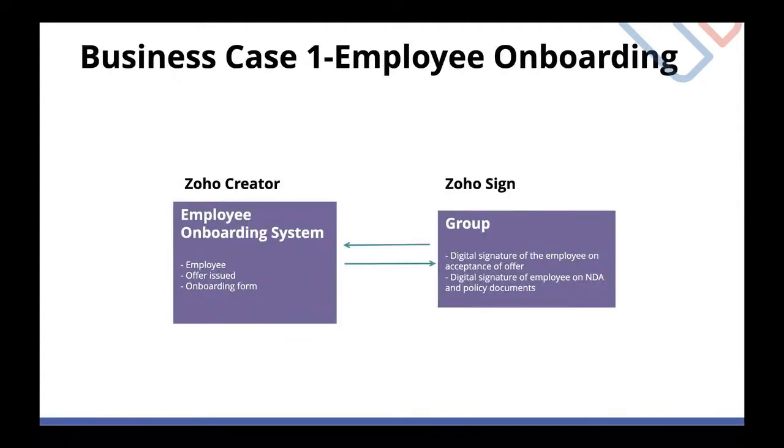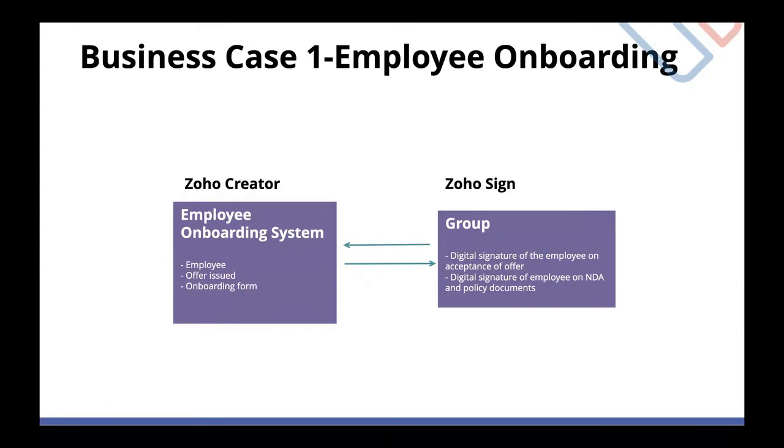The business cases are the use cases which we have while we are sending documents for signature, like an employee onboarding system. The employees will have to sign a lot of documents, right? They will have to sign the non-disclosure agreements. They have to accept the offer letters. They have to sign other beneficial documents.